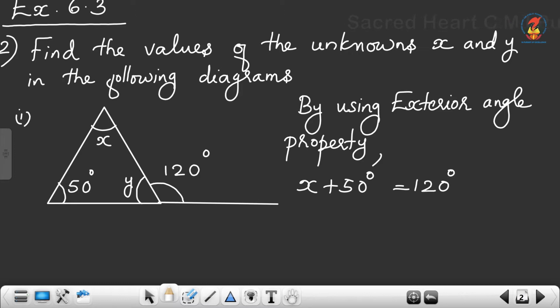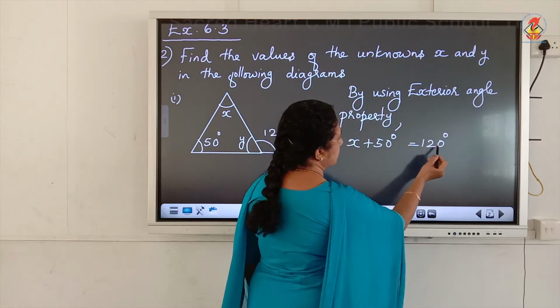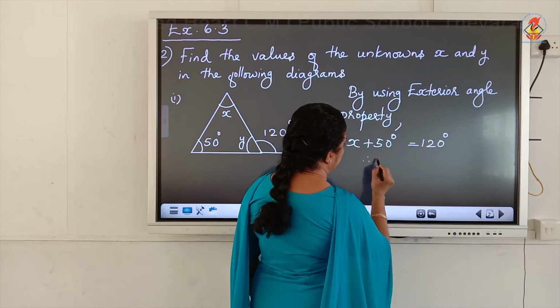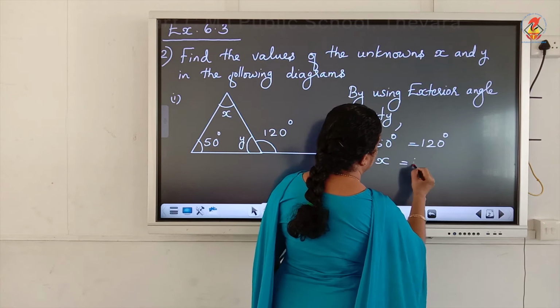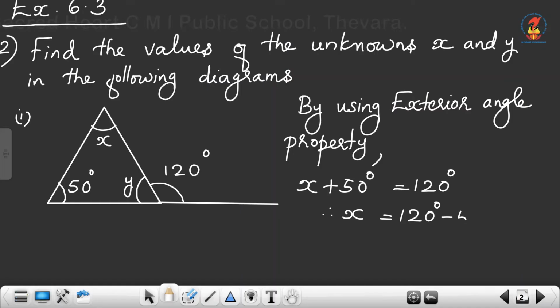Sum of the interior opposite angles is equal to the measure of the exterior angle. Therefore, x equal to 120 degree minus 50 degree equal to 70 degree. Therefore, the value of x is equal to 70 degree.